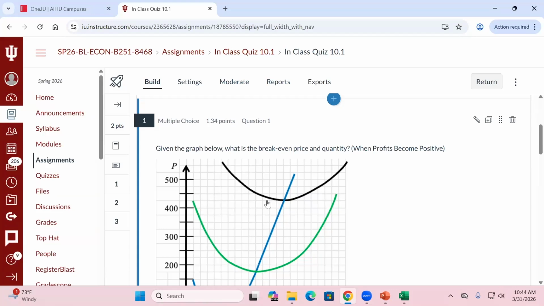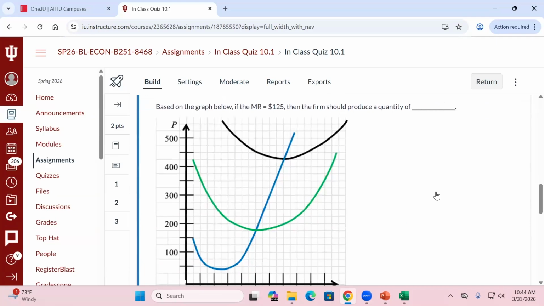So the second question is something we didn't quite get to today, but it leads us into next class. So I've got my average total, average variable, marginal cost. What if the price was $125? It gets a little bit tricky here, but it looks like it intersects this marginal cost curve in two places.